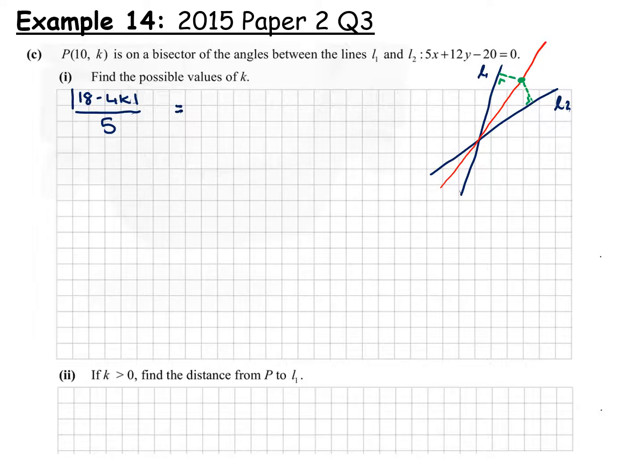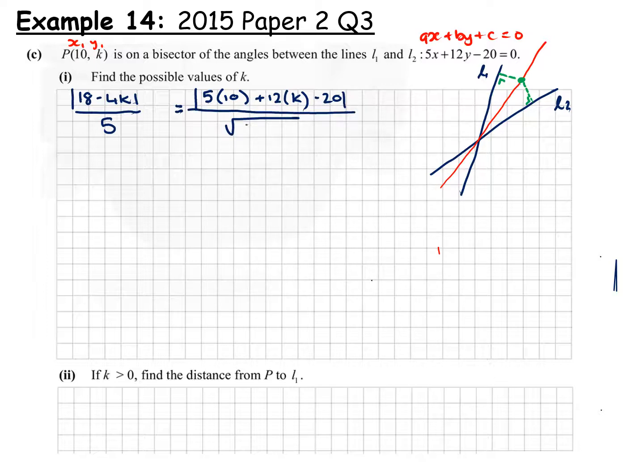So working that through, L2, let's label this very quickly. That should be ax plus by plus c equals 0. This is still x1, y1. So we have a x1 plus b, oh sorry, that should be k, y1 is k, plus c, all over the square root of 5 squared plus 12 squared.